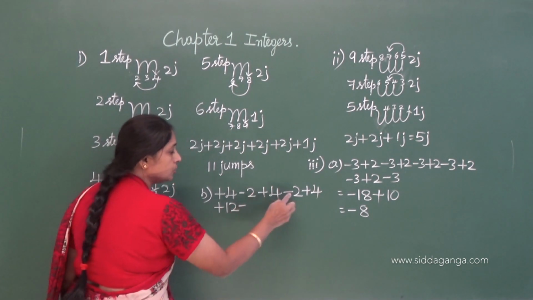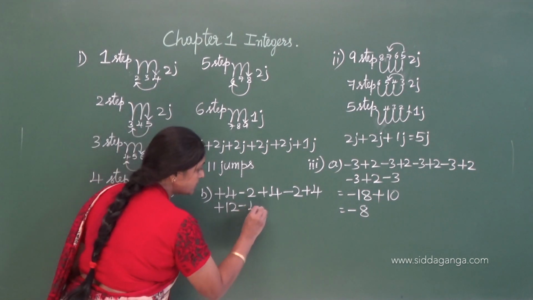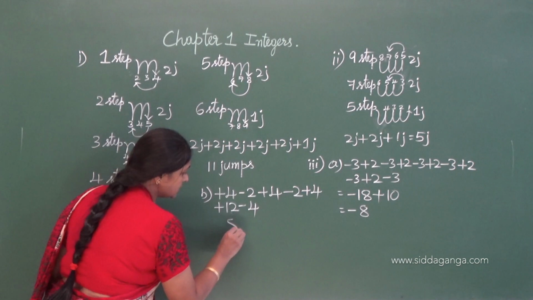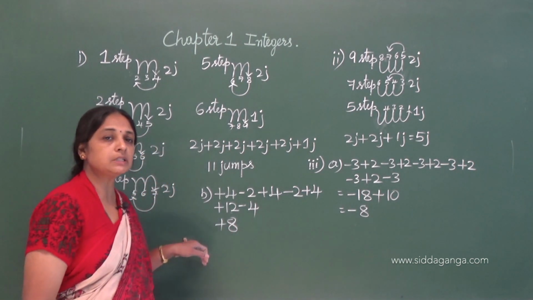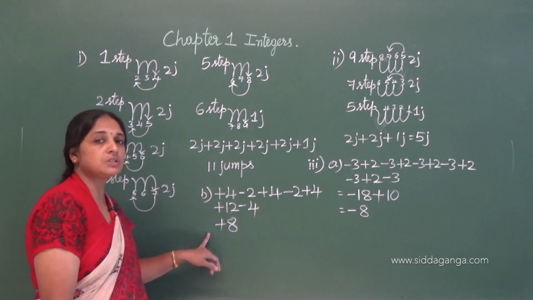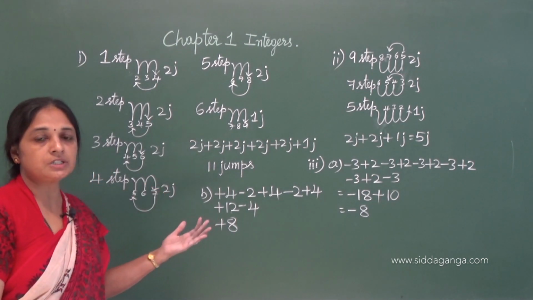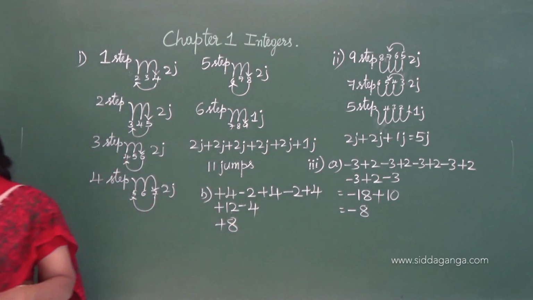Minus 2 plus minus 2 is minus 4. So 12 minus 4 is 8. Plus 8. What does it represent? It represents that the monkey went 8 steps upwards to reach the first step.